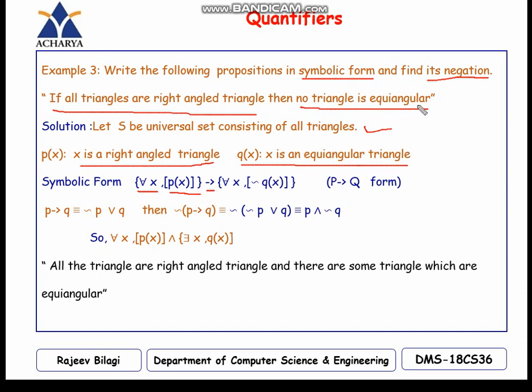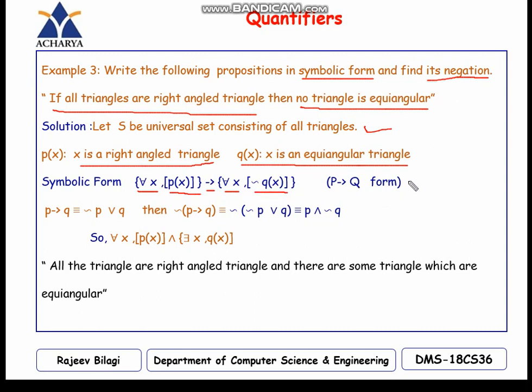No triangle is equiangular, meaning all the triangles are not equiangular. So that is for all x, not equiangular, or no triangle is equiangular. So that is negation of Q of x.